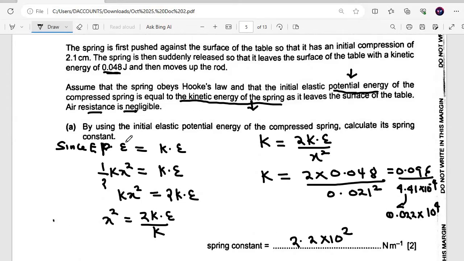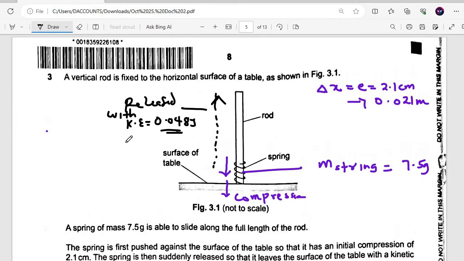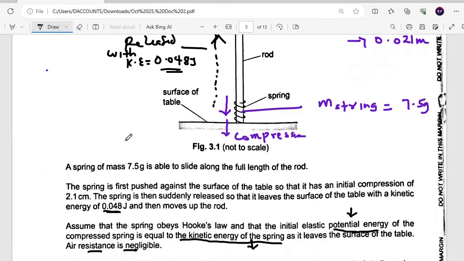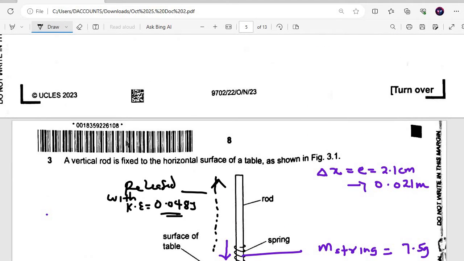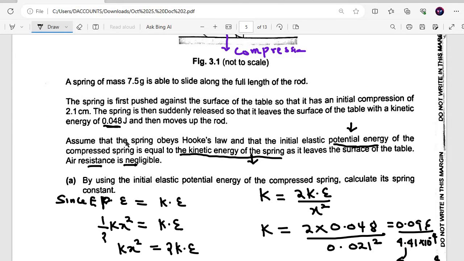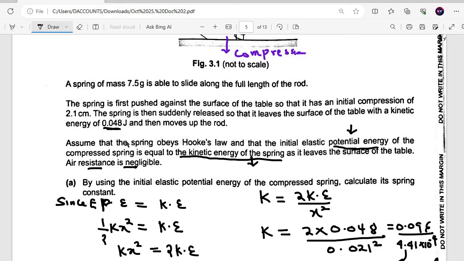Okay, let's go back to the original question. A vertical rod is fixed into the surface as shown. The spring of mass slides down the full length. The spring is first pushed down against the surface.